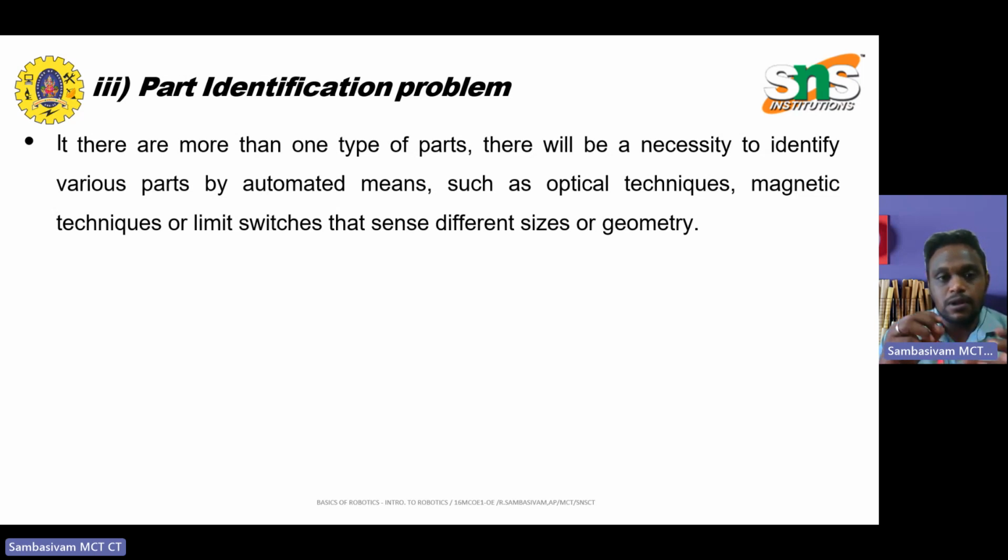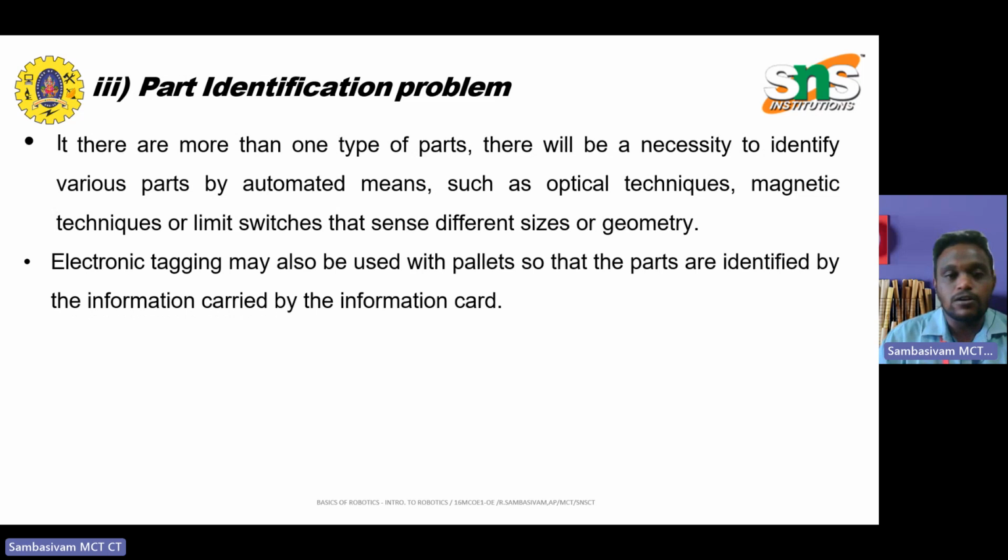The identification problem plays a major role where parts have similar sizes, geometries or magnetic substances, and optical techniques or limit switches have to be designed in to reduce part identification problems. Electronic tagging can also be used with pallets, so the part information is carried on an information card which can easily be read by the robot.